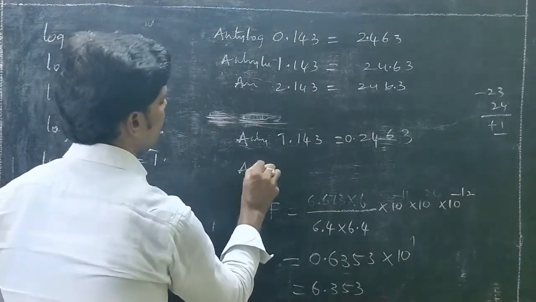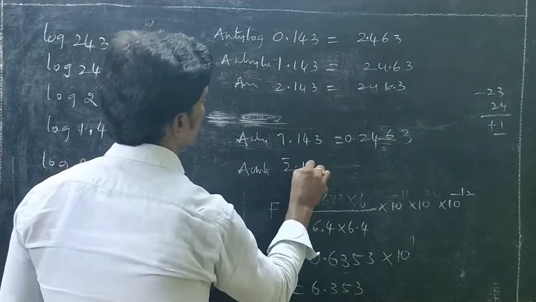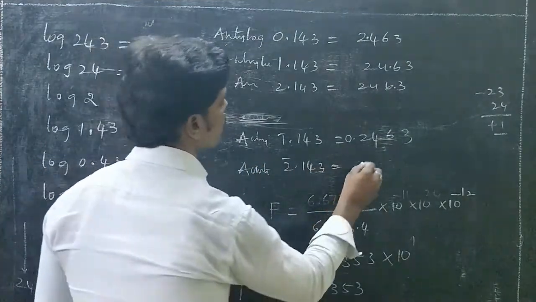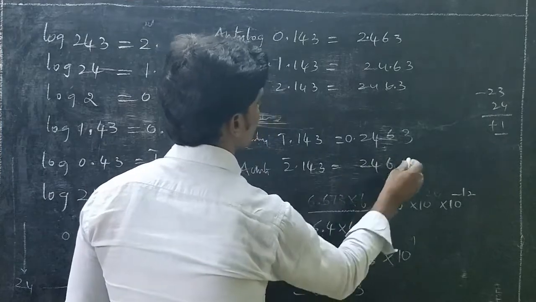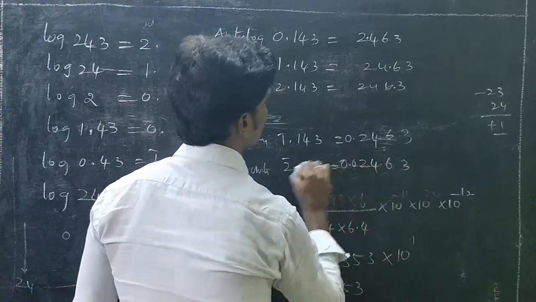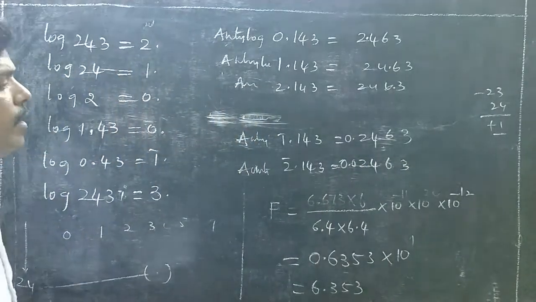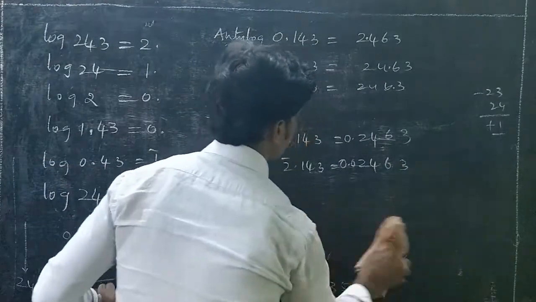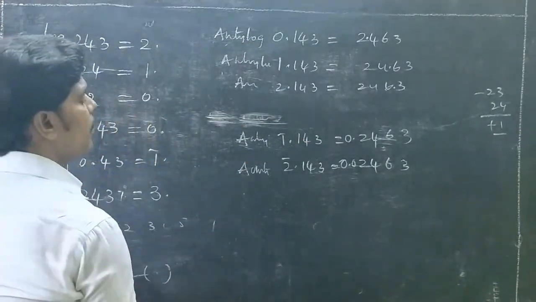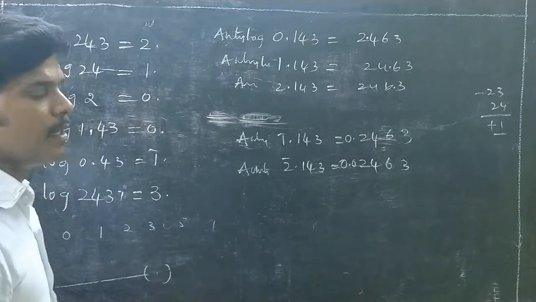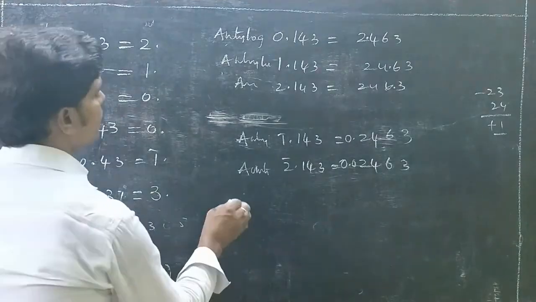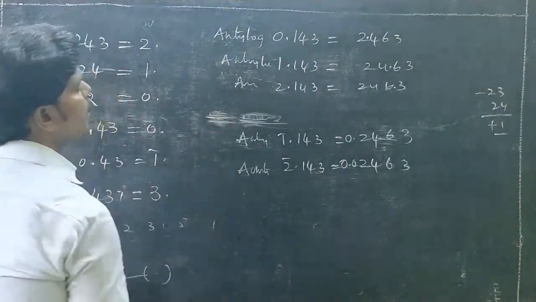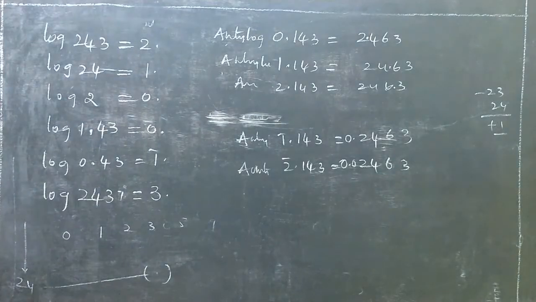Suppose the anti-log of 2 bar 0.143: 2463 becomes 0.02463. So this is the way to find the anti-logarithms.